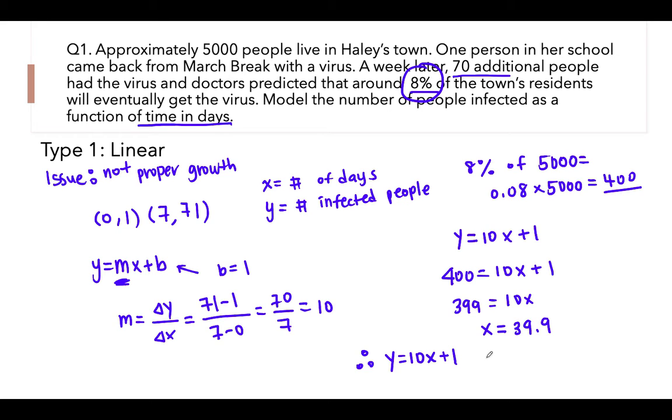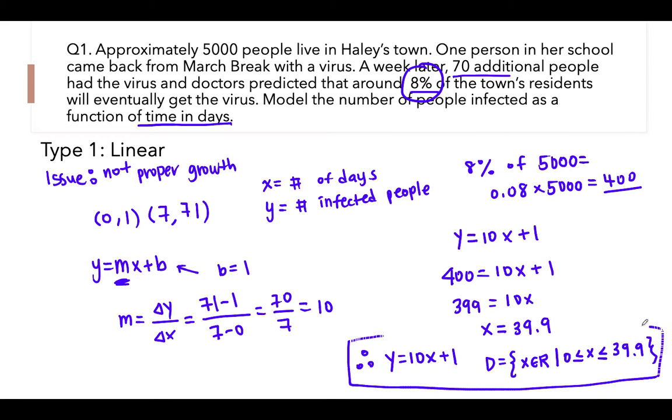So for the domain, x can be any real number, because we're assuming it's linear, but such that it starts from 0 days up until 39.9 days. And that is the representation of this word problem, assuming that it's a linear growth. Okay, so this is days.